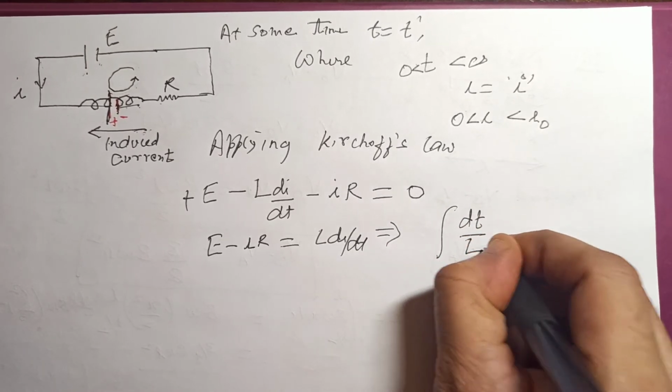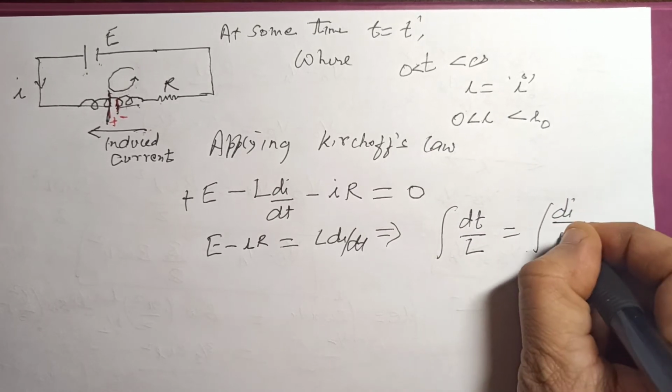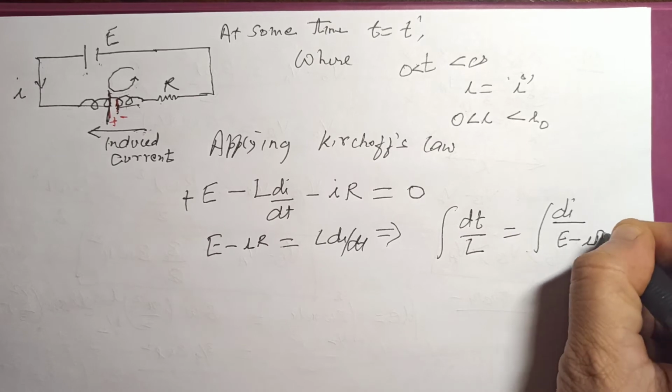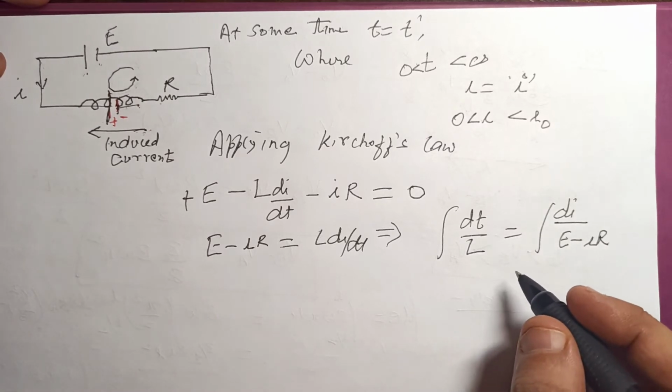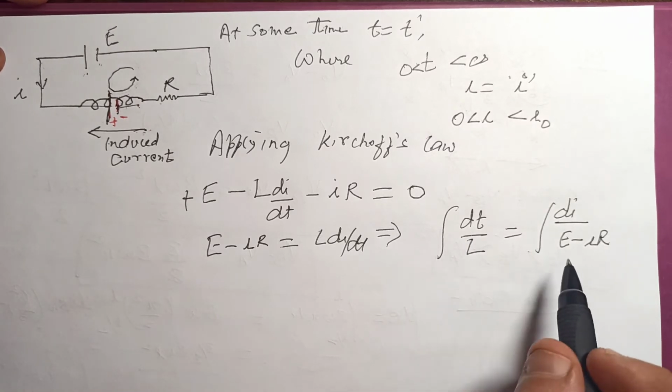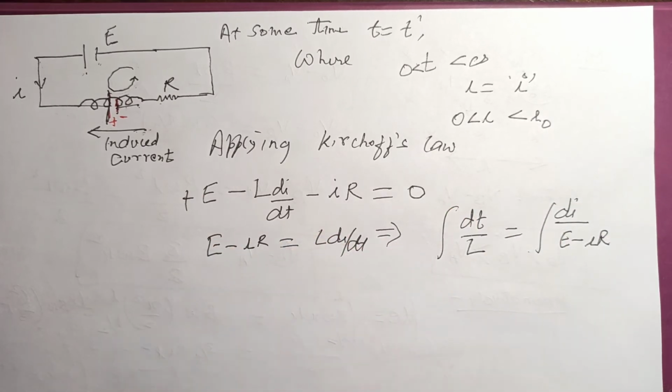Okay. Now further I can say dt by L is equal to di by E minus IR. Okay. Simple mathematics. I just manipulated it a bit. Okay, right. Now let's integrate it. So this is what I have just put in a different way, and then I am integrating both sides.